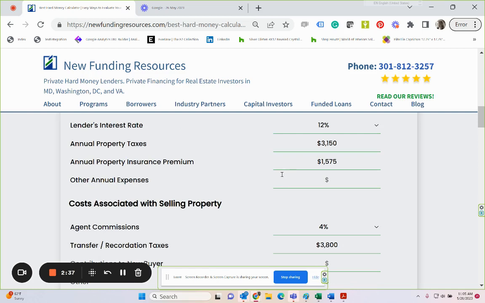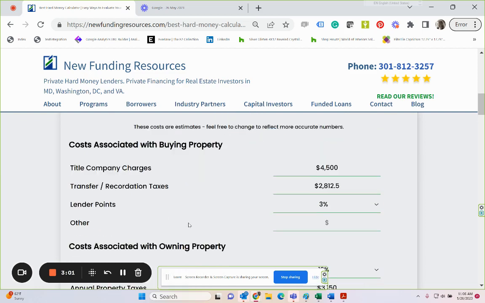Now, I do understand that some of you will be keeping the property in your real estate portfolio, and you might not have those costs associated with selling, but you probably would be refinancing. So instead of selling costs, you will have refinancing costs. Okay, but for this particular example, let's assume you're selling the property.